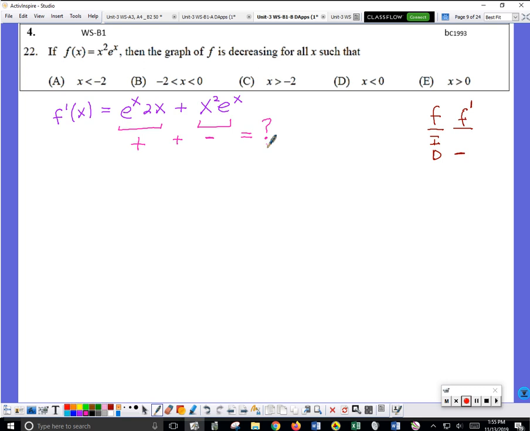If you're building a sign chart and you realize that you're adding signs, you're also in the wrong place, because you can't add a positive to a negative and know what you're going to get. So don't ever add signs on a sign chart. There are cases that do work, they just don't always work, so we just don't ever use them. What we always use is multiplication.